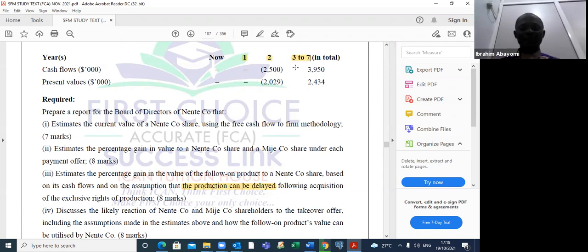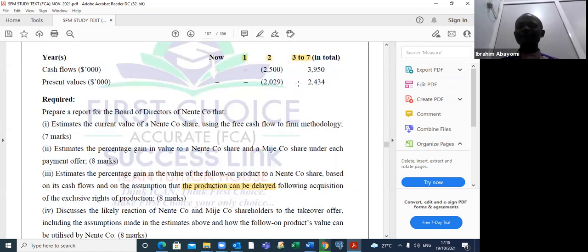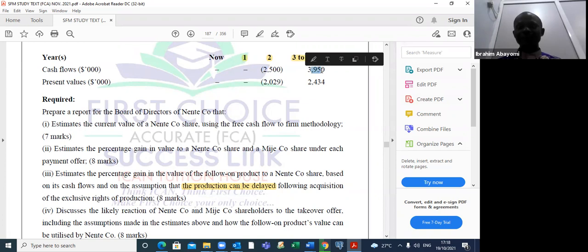Then what can you see here? It's starting from year 3, because it's from year 3 we start generating our inflows. What this means is that we are not starting the manufacturing of this product immediately. We are delaying it from year 1 and year 2. So in year 2, we now start the outflow and the project will now commence.